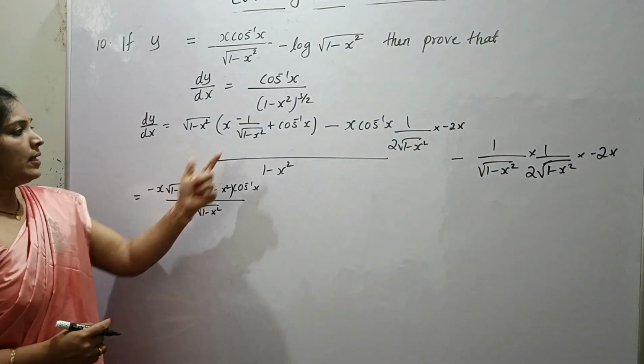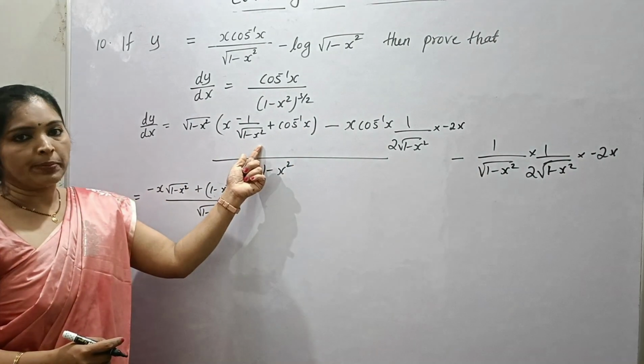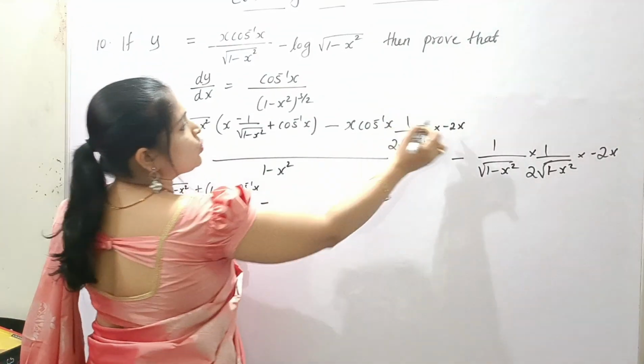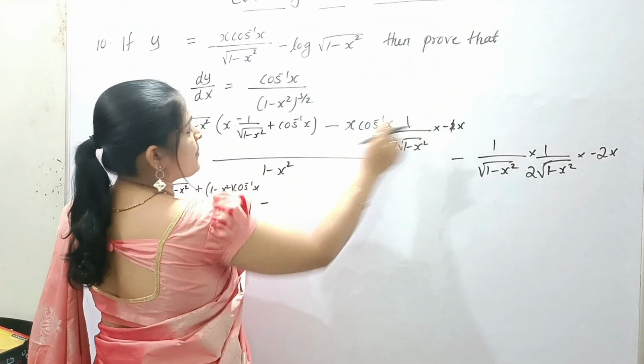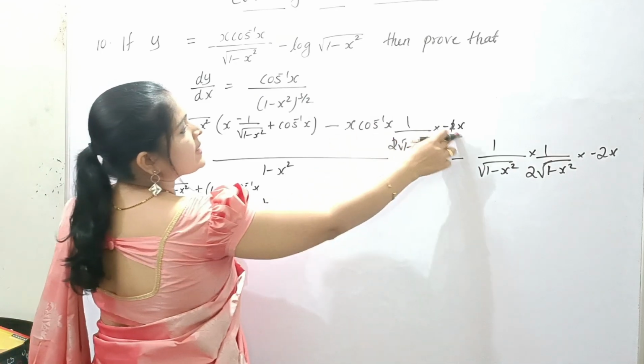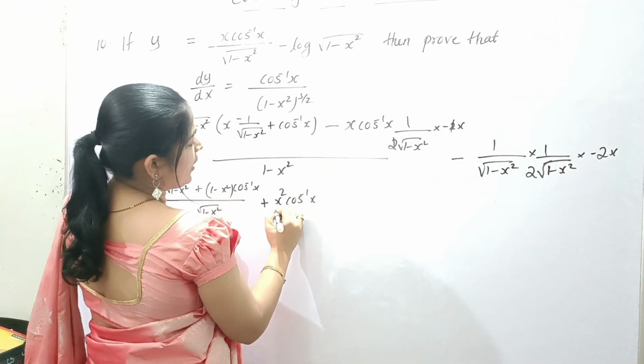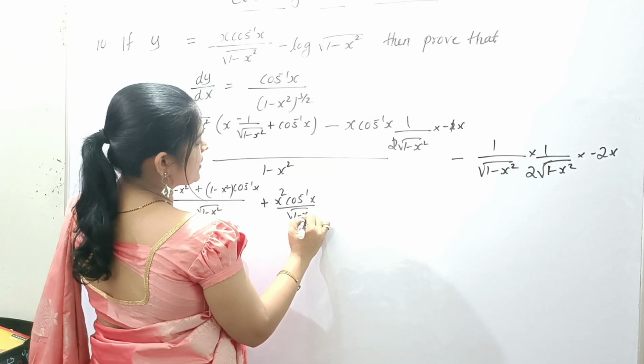Then here cross multiplied. Then minus, here 2 cancelled and minus minus become plus. So x into x, x square cos inverse x divided by root 1 minus x square.